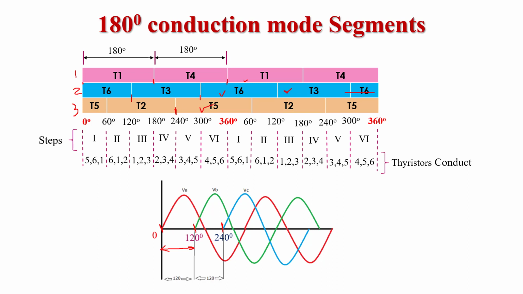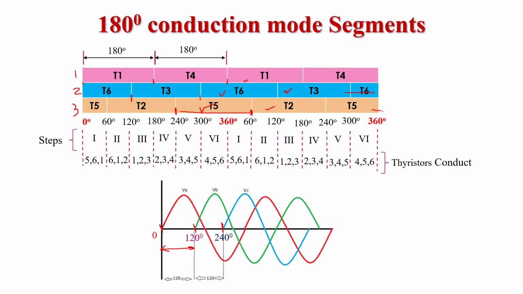So we provide a gate triggering pulse to thyristor T5, and T5 starts conducting from 240 degrees and conducts for 180 degrees. After that, we provide a gate triggering pulse to thyristor T2. T2 will conduct for 180 degrees. After that, T5, and so on.